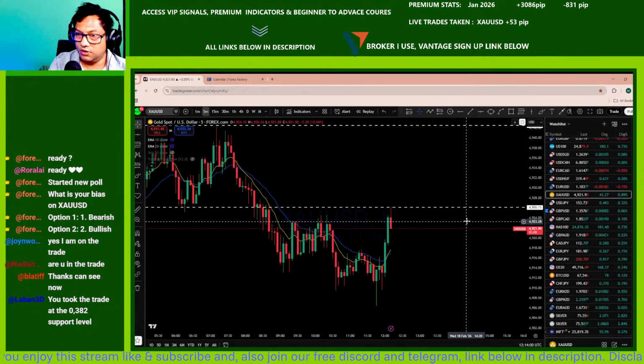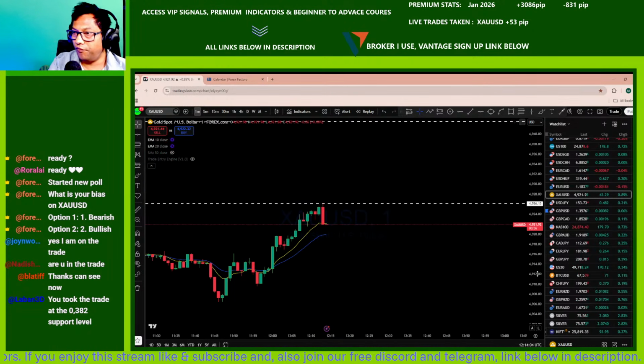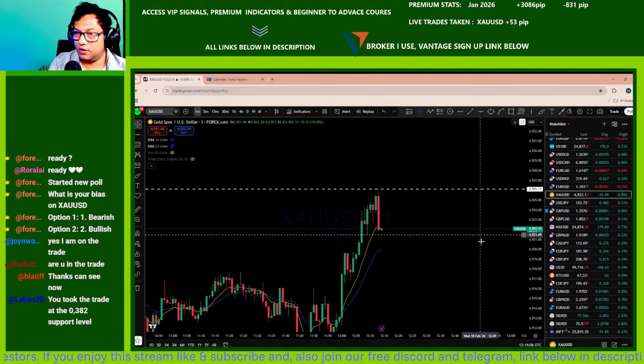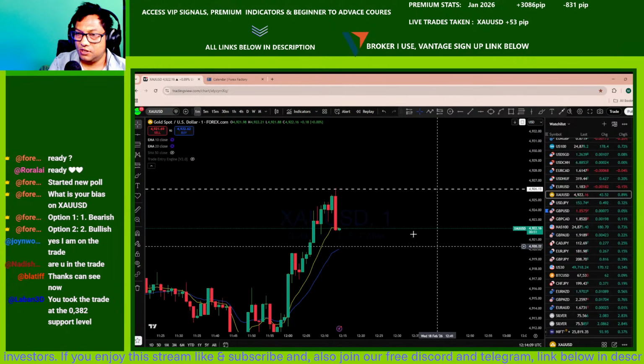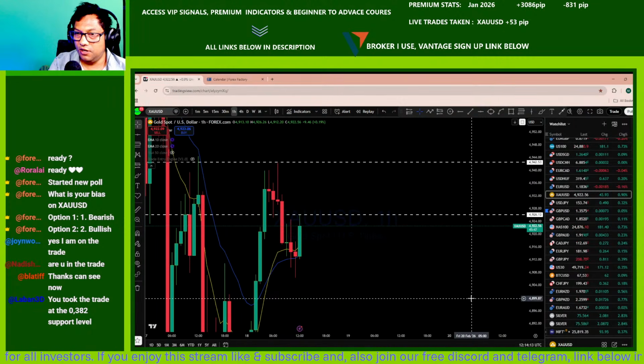So this is a very unusual move back to the upside. You can see the market is just reversing off from our zone where we placed the stop loss, with 45 minutes remaining, right?